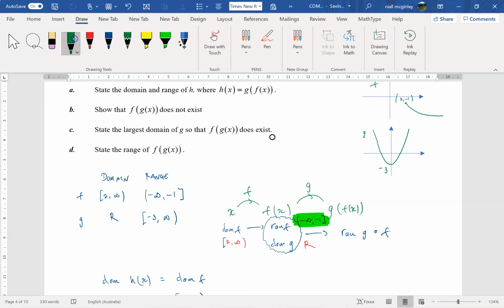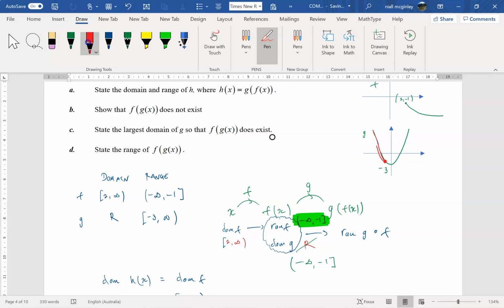So instead of R, the domain is going to become negative infinity to negative 1. That's going to be the domain of the second part now. So if we look at that on the graph, negative infinity to negative 1, this is what it's going to be.